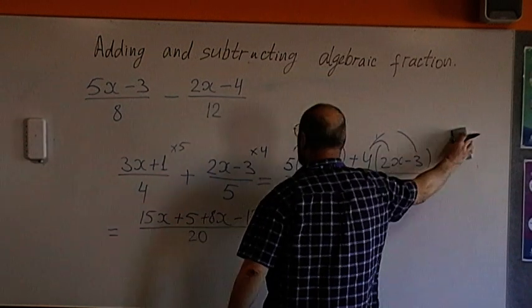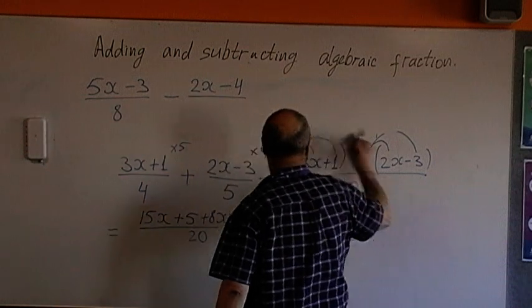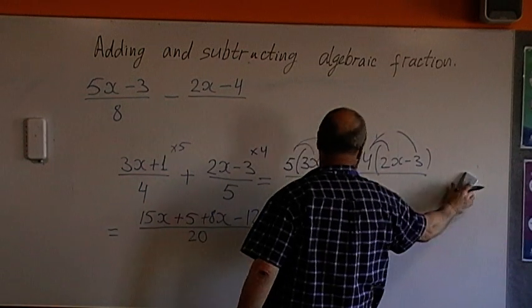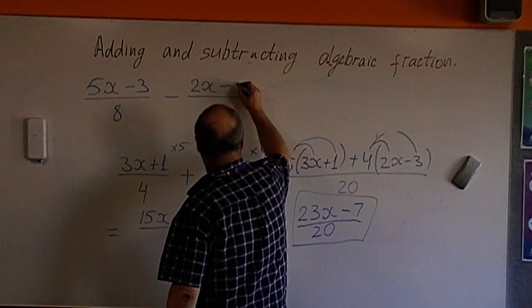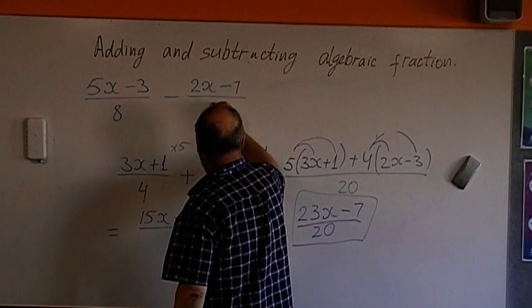Not over 12 as first written, we can simplify it: it becomes 2x minus 7 over 12.